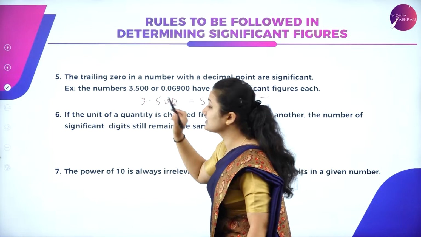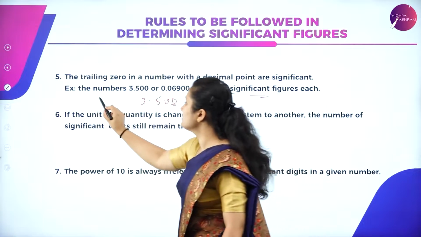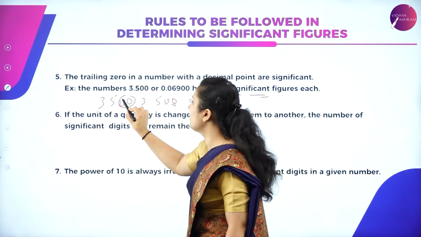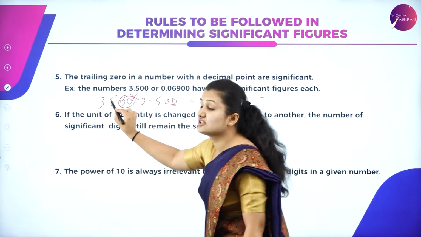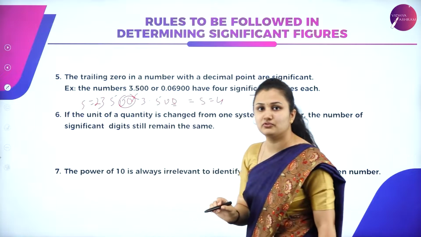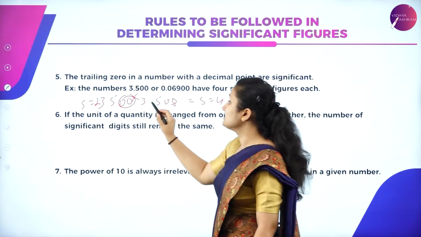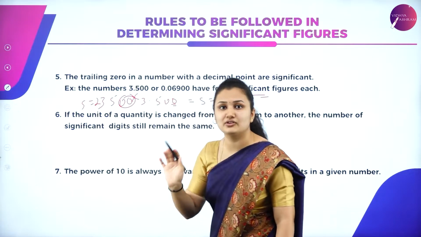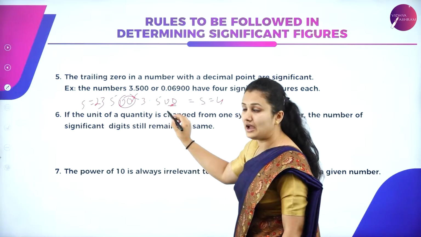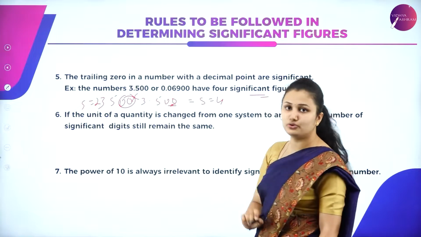How? Because there is a decimal point. If it was 3500 without a decimal point, then the zeros have no significance. Then the significant figures would have been 2. But since there is a point between 3 and 5, between 2 non-zero digits, the zeros following the 5 have significance. So S is equal to 4.